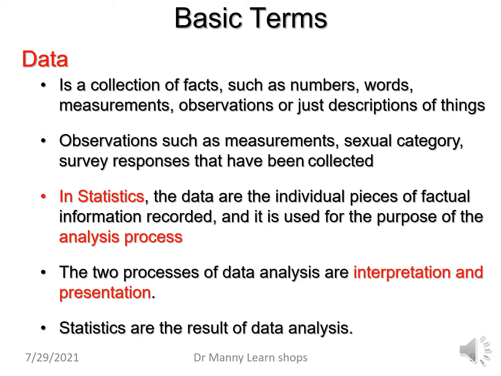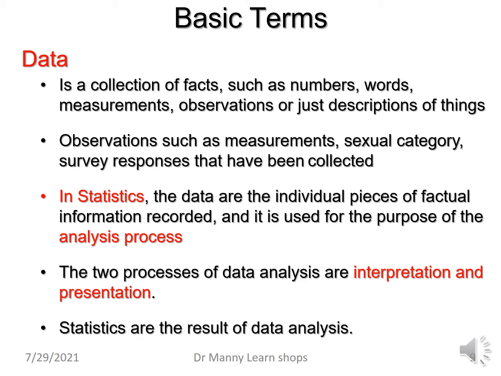Another basic term is data. And data is the collection of facts, such as numbers, words, measurements, observations, or just descriptions of things. And observations, such as measurements, sexual category, survey responses that have been collected.